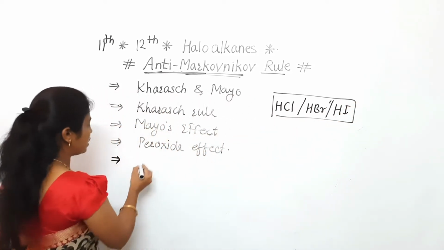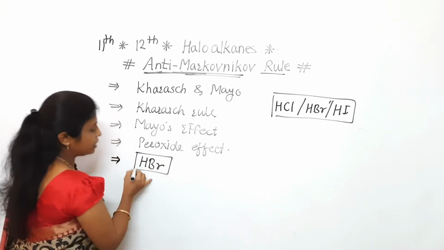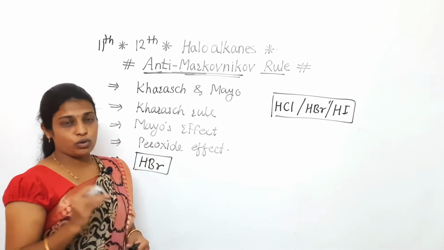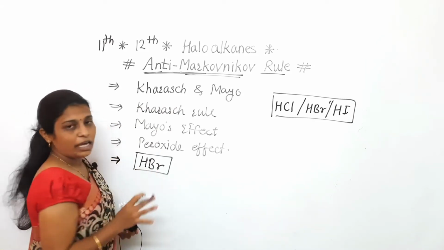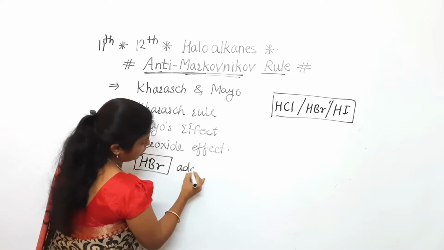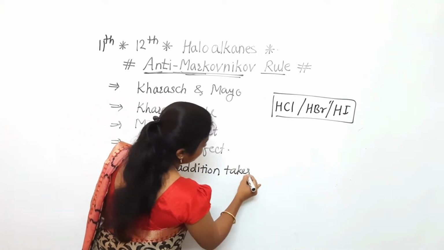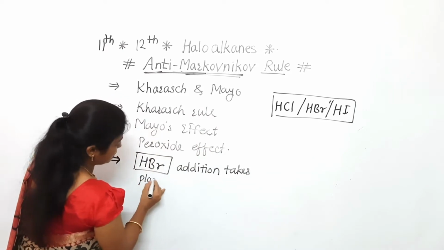This rule is applicable only for HBr. Keep in mind that this anti-Markovnikov rule is applicable for HBr, meaning in this rule, HBr addition takes place. What is the reason behind that? That we will discuss now.